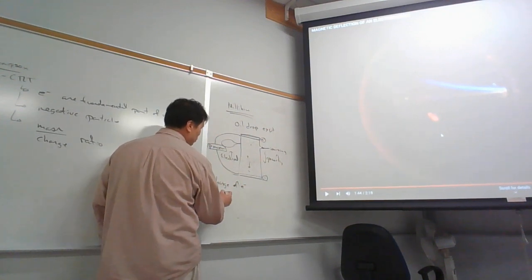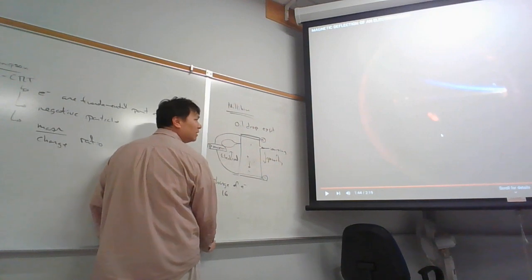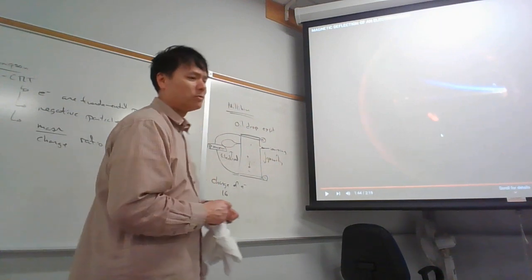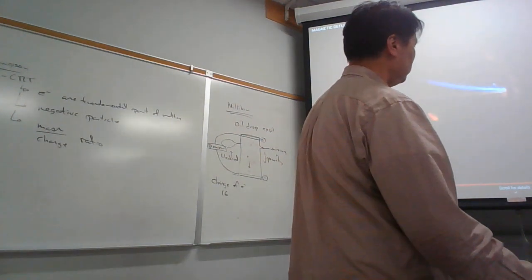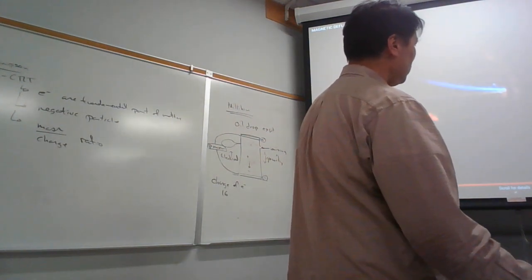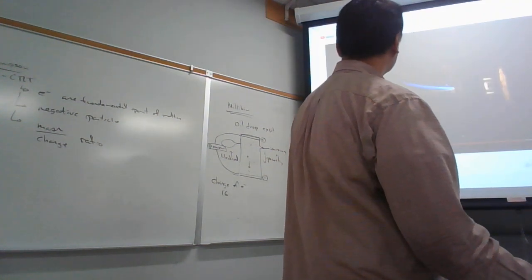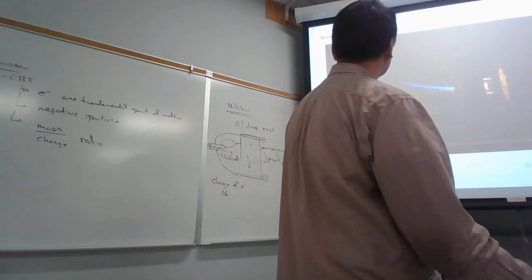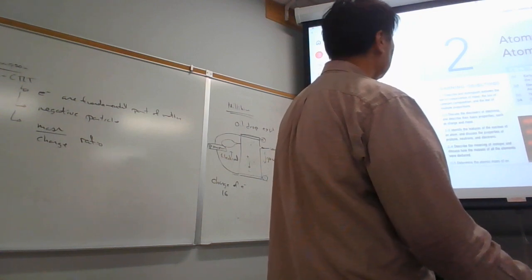And the charge of an electron in coulombs, which is the usual unit, is 1.6. A more precise and accurate charge has been determined with better data.